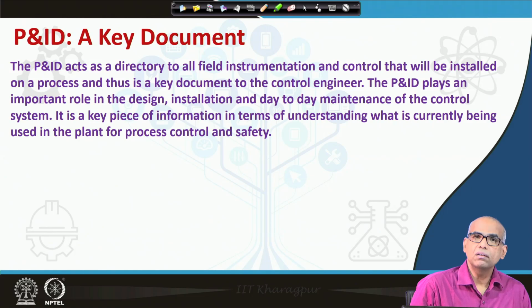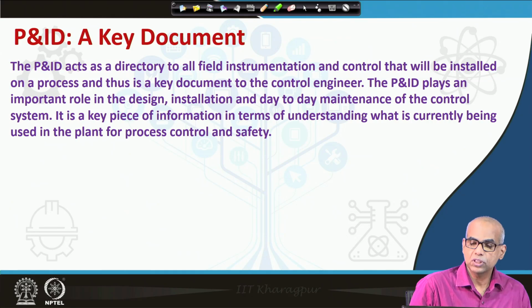It will help you to learn how the process works, and how the control and safety protocols are in place in your industry. The piping and instrumentation diagram acts as a directory to all field instrumentation and control that will be installed on a process, and thus is a key document to the control engineer.